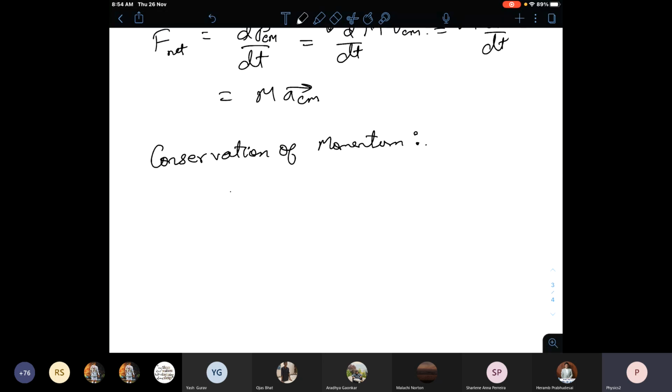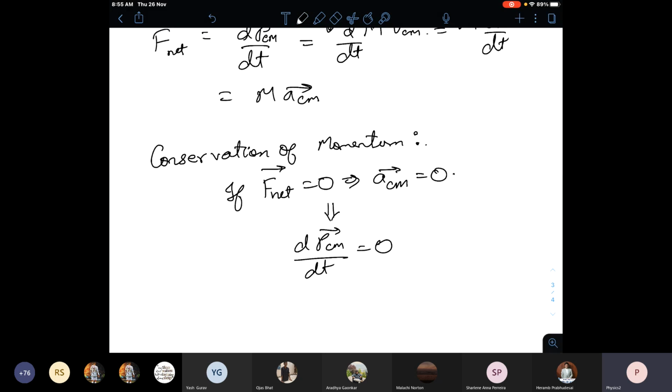Like how? If the F net is 0. This is the criteria for conservation of momentum, that your net external force should be 0. So F net is 0. Then I can say that your ACM, your acceleration of center of mass, is 0. Let's write that dPcm by dt is 0.